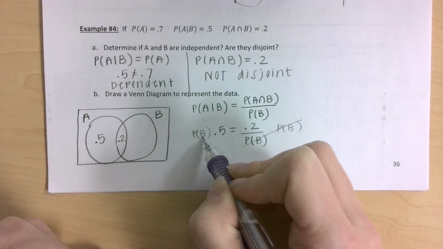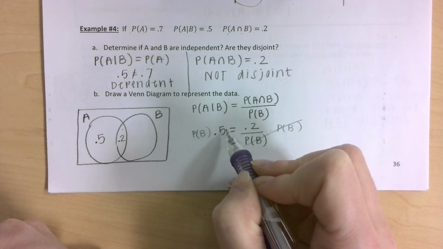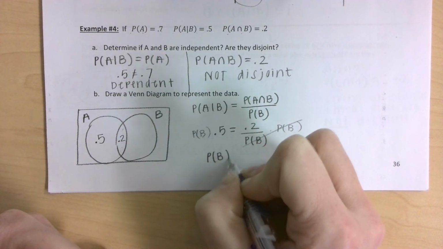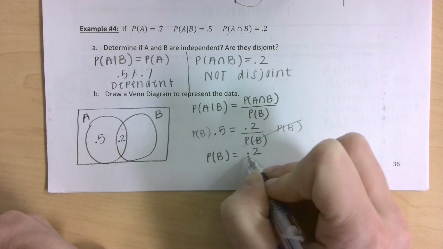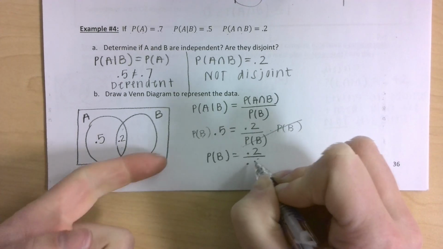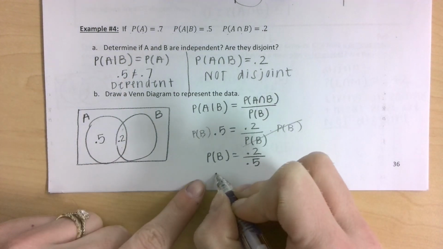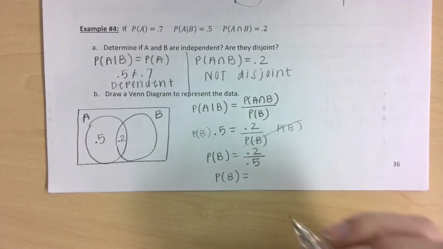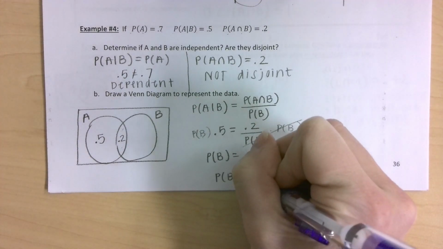I would then have probability of B times 0.5. To move that 0.5 over, I would divide. So I would end up with 0.2 over 0.5. Plugging 0.2 over 0.5 into our calculator should give us 0.4.